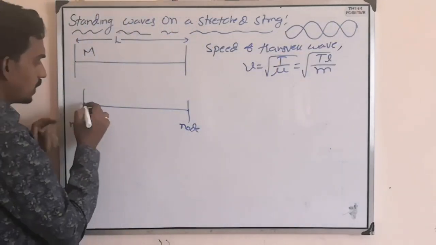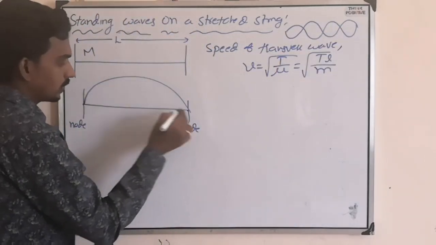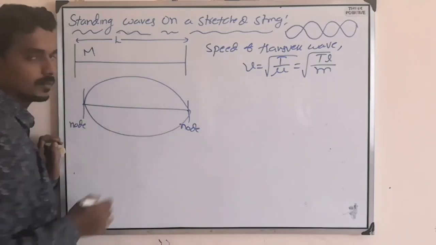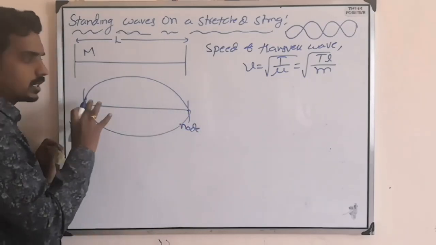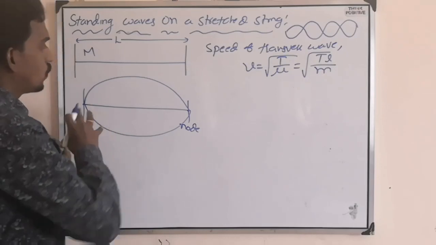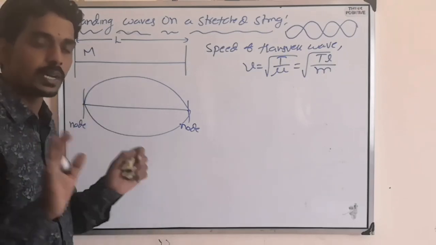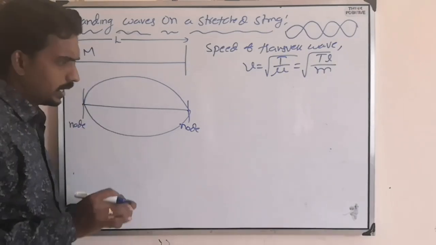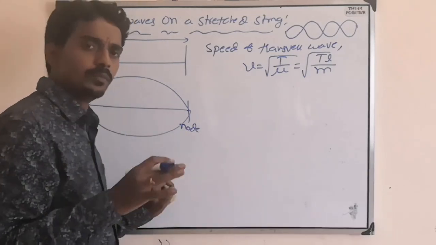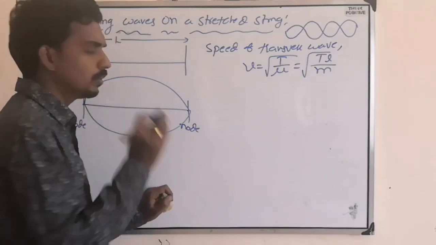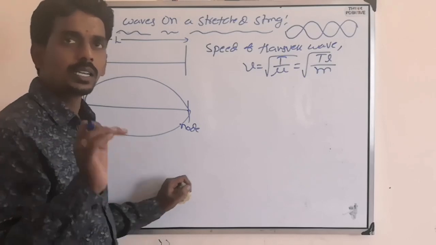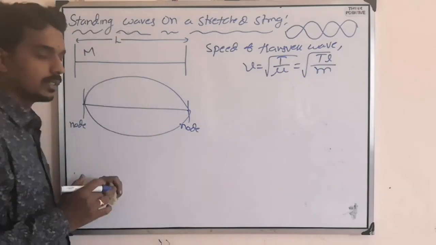So the first possibility is like this. The string can vibrate with one loop only. You pluck the string, it vibrates with some number of loops, we don't know, but the minimum possible is this one.